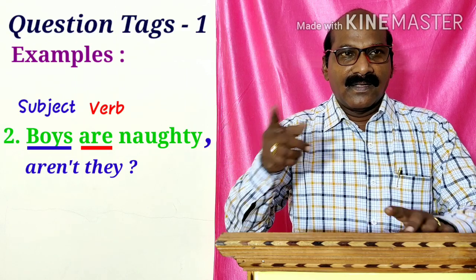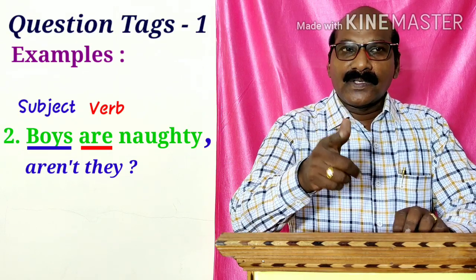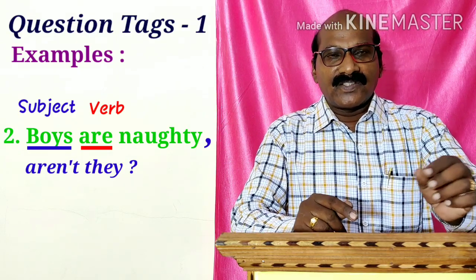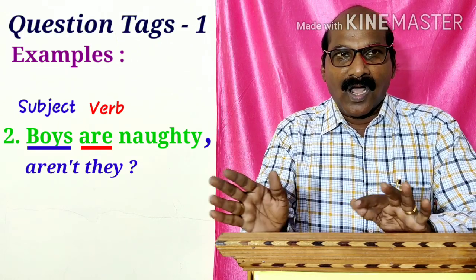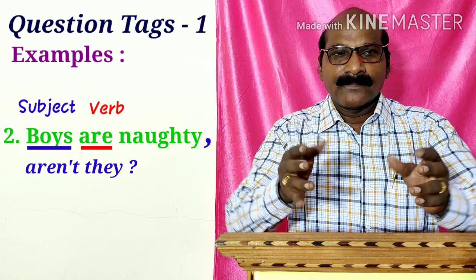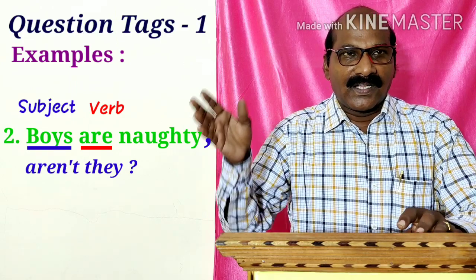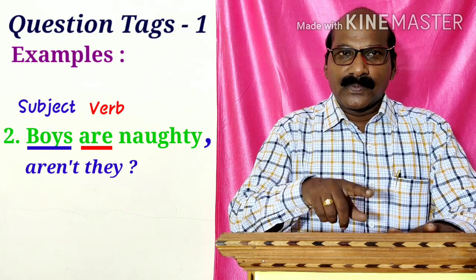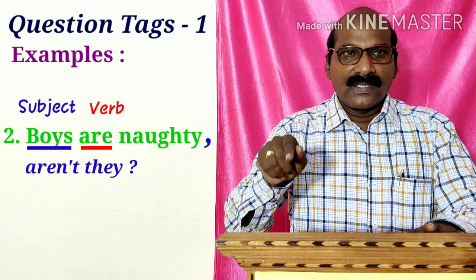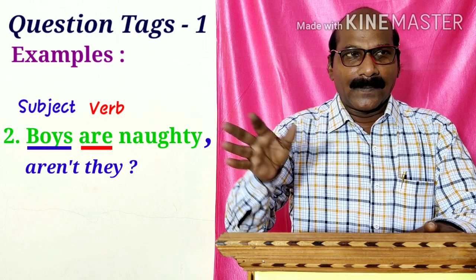Aren't they? The helping verb are, and as the statement is positive, we have to use the negative tag, are not. The short form is aren't. Aren't they? The subject there is boys. In place of boys, we have to use the right pronoun, that is they.